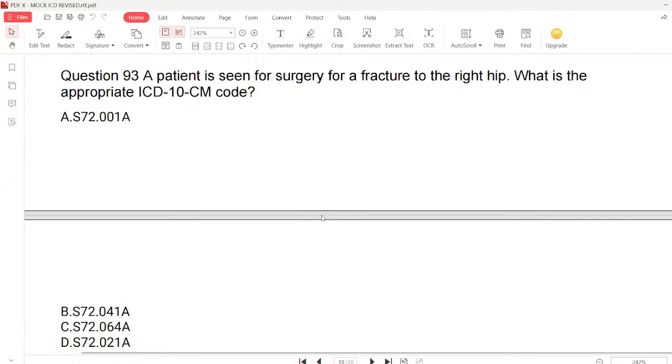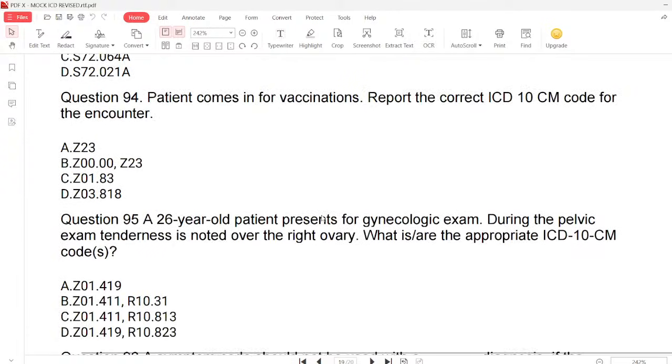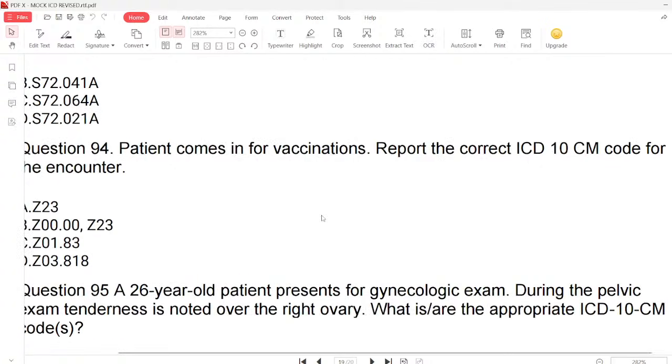The code specifies the hip fracture code. Check carefully, Monica. It's been a long time, Monica.